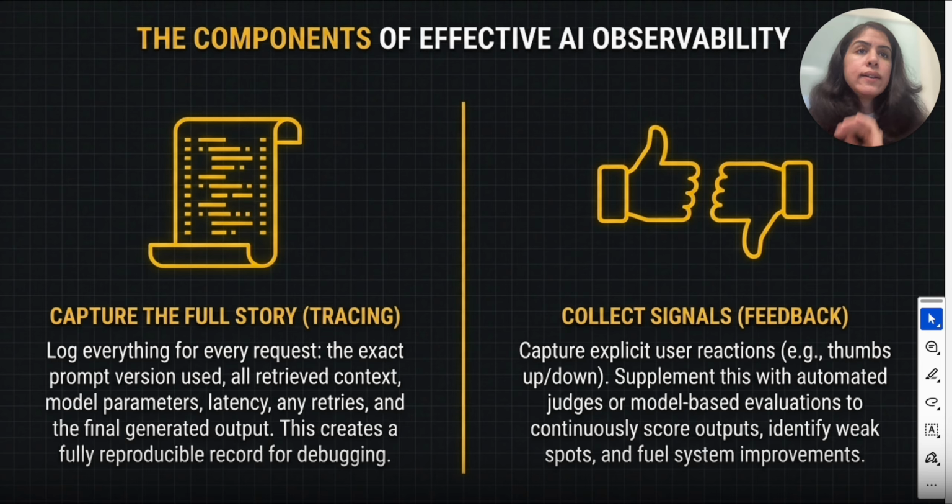Without this, debugging is just guesswork. The other half is about feedback: user reactions, correction signals, thumbs up, thumbs down, or automated judges that score outputs. These signals show where models struggle and where prompts need tuning.